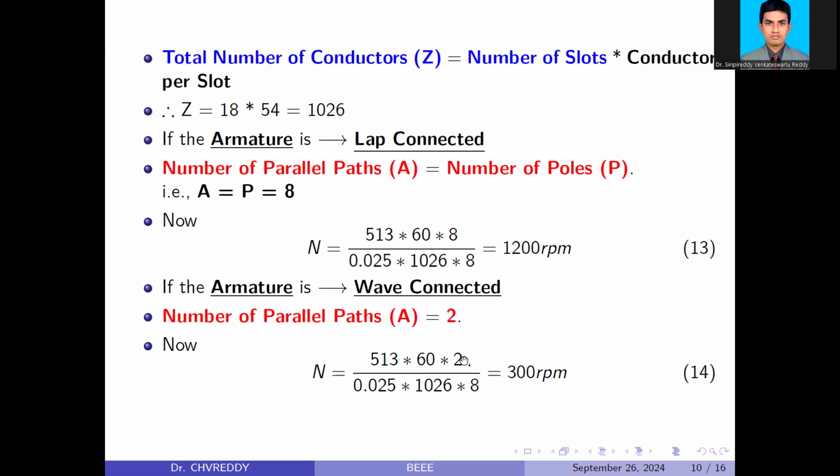Here the A value is 2, because it is wave connected, divided by the flux value, that is 0.025, into the total conductors, that is 1026, into the P value, the number of poles, that is 8. After simplifying this, you will get the speed, that is 300 RPM. Thank you.